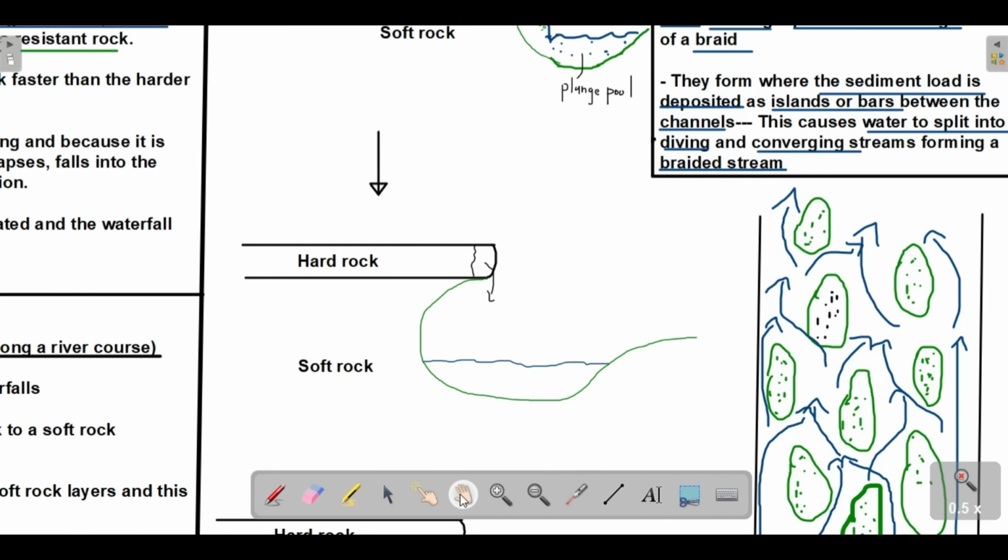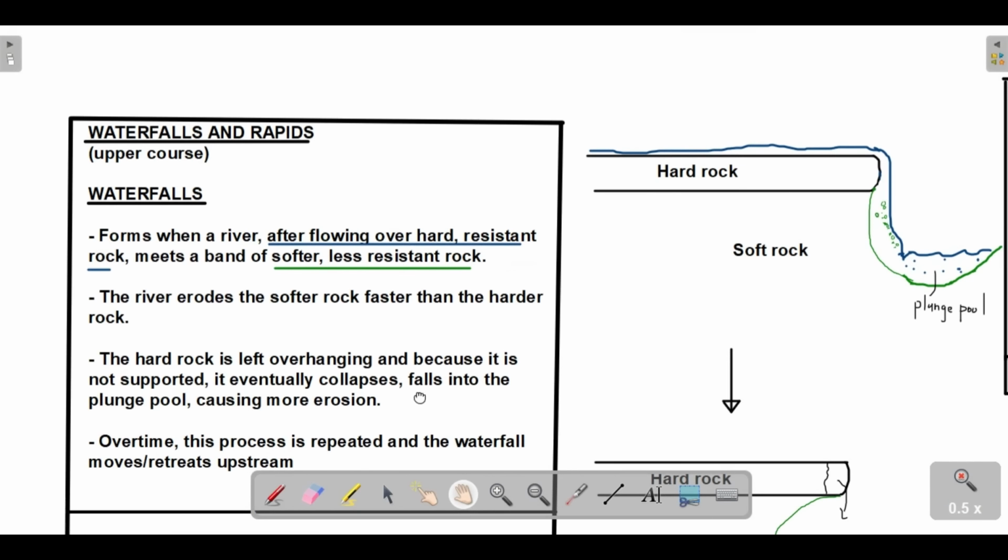So heading back to our explanation, a waterfall forms when a river, after flowing over a hard, resistant rock, meets a band of softer, less resistant rock. The river erodes the softer rock faster than it erodes the harder rock.